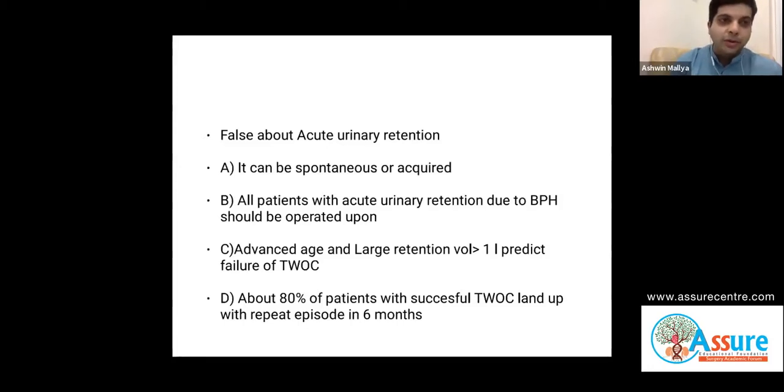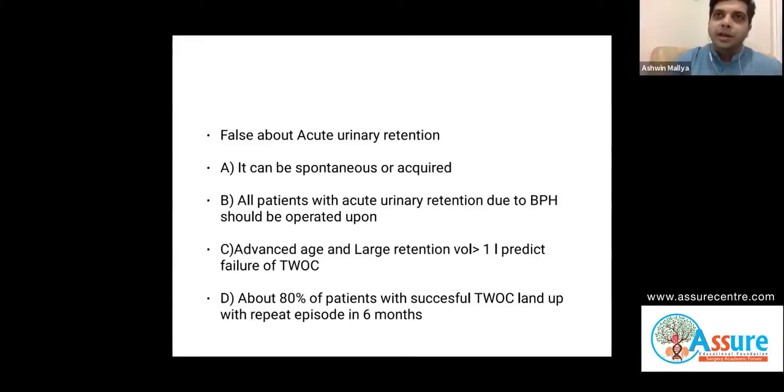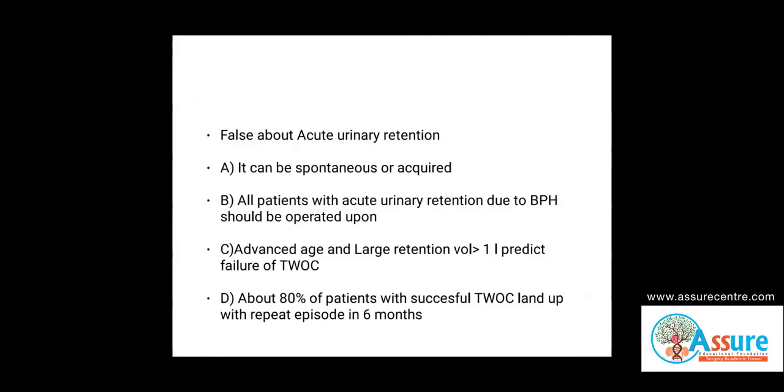This is the false option, because not everybody will require surgery. You can manage them medically. There will be a smaller percentage, 20 to 30 to 40% of patients, who can be managed without surgery, with optimal use of alpha blockers and 5 alpha reductase inhibitor combination. So the answer is B.